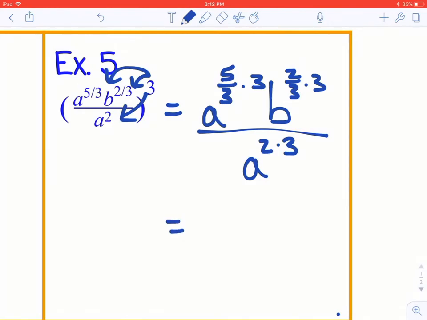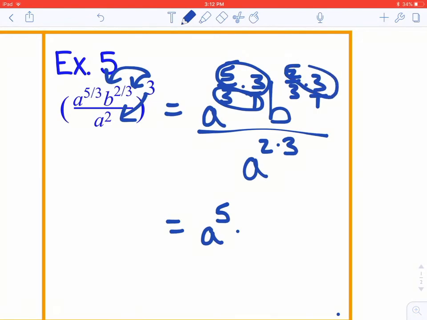Once we clean this up, it's like 3 over 1 is really what we're multiplying by. So again, multiply across the top and the bottom. So it would be 15 over 3, and 15 divided by 3 would just be 5.